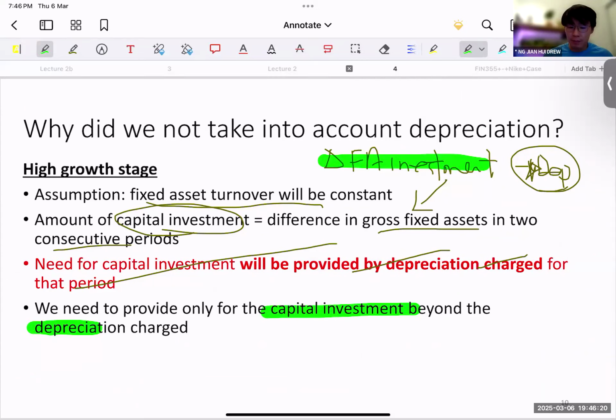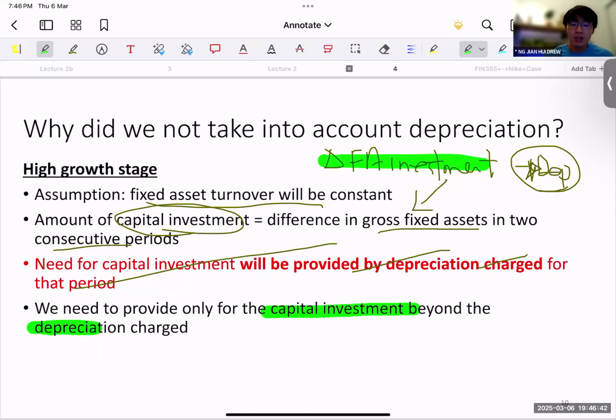Okay? So in other words, let me repeat. In a situation of a high growth stage, your fixed asset turnover is constant, which means that the amount of capital investment is the difference between your gross fixed asset between the two periods. Now, gross is before depreciation, right?